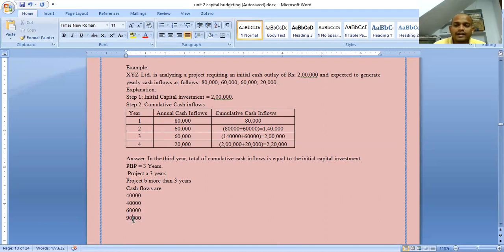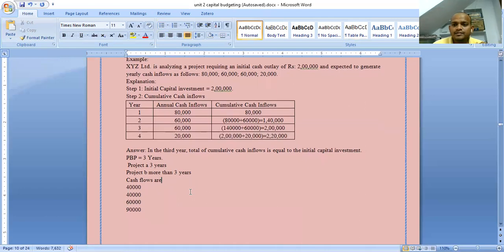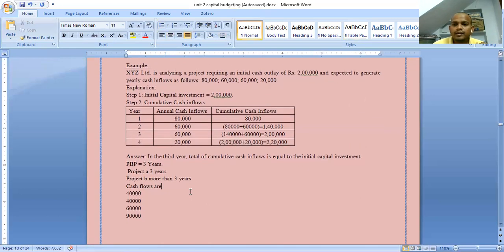It has 90,000 returns in the fourth year, but it won't consider it. It calculates only 3 years, and in project A only 3 years is there. So better go with the 3 years. Likewise, it suggests. So that is the limitation with the payback period method.